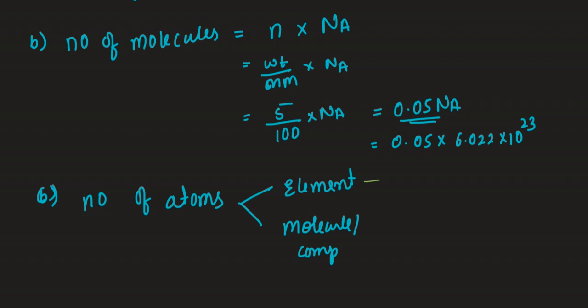If the question is related to element, the formula is N into Na. But if the question is related to molecule, then N into Na into atomicity. I hope you remember atomicity. Atomicity is the number of atoms present in a single molecule.